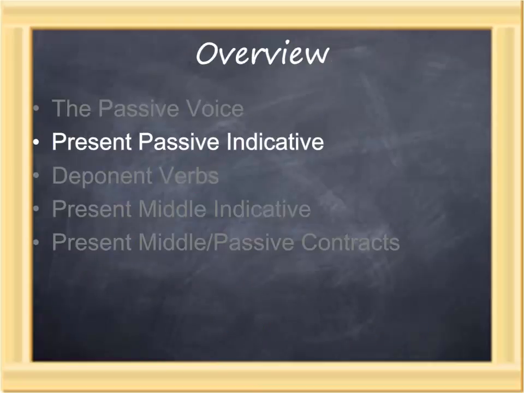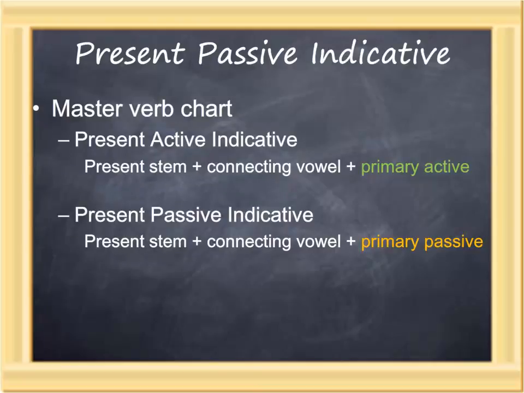Let's now look at the forms of the present passive indicative. You will recall that the present active indicative was formed by a combination of the present stem, a connecting vowel, and a primary active personal ending.